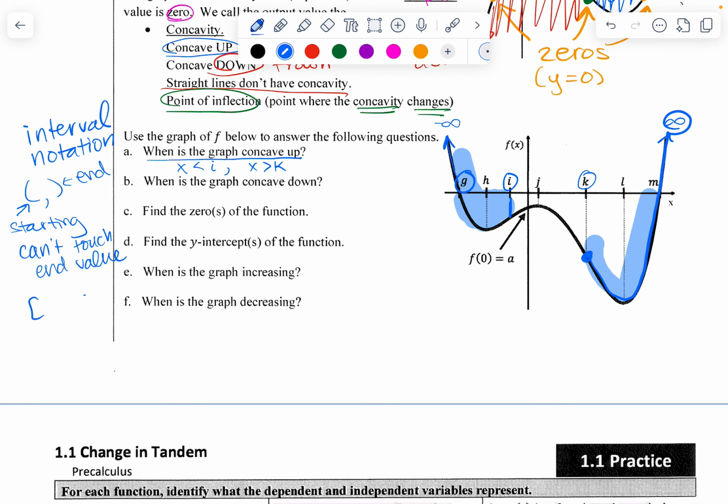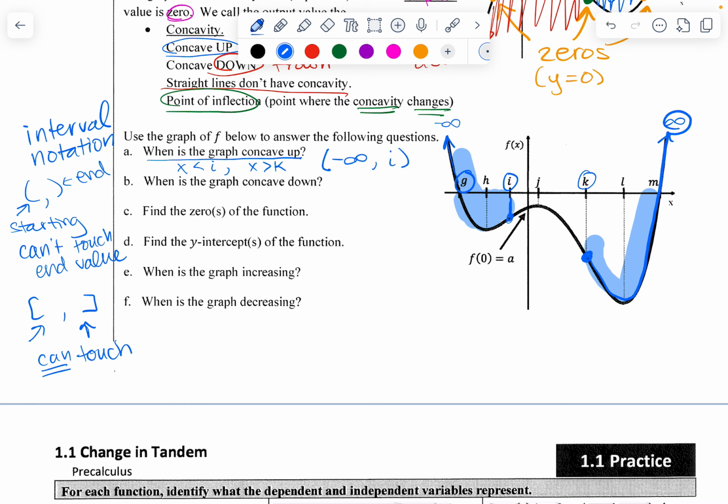And we use brackets, this is our starting and this is our ending, when it can touch those values. So we'll use some more examples as we go, but for now, on I, we're going to have an open value there because on I, it's not actually still concave up, it ends there. So we say from negative infinity to I, we're concave up.